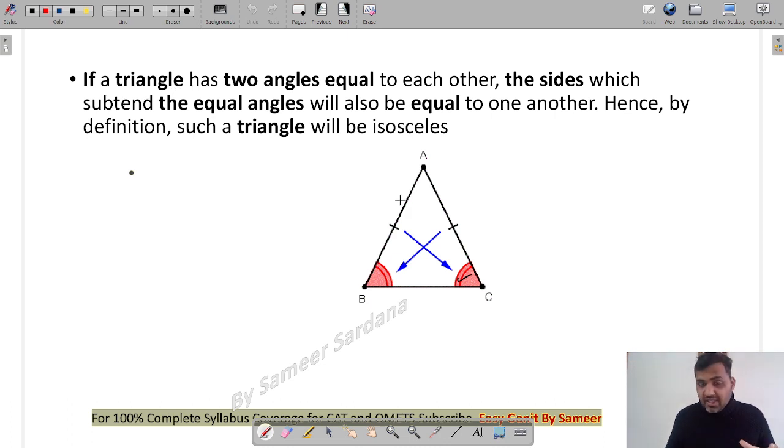The property says, if in a triangle the lengths of two sides are equal, for example, in this triangle, if the length of AB and the length of AC are the same, then the angles opposite these two sides will also be equal. That means if AB is the same as AC, then the value of angle ABC will be the same as the value of angle ACB, right? That's the first property that you should know.